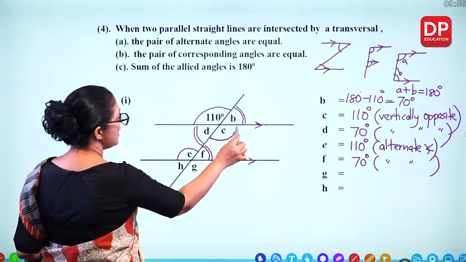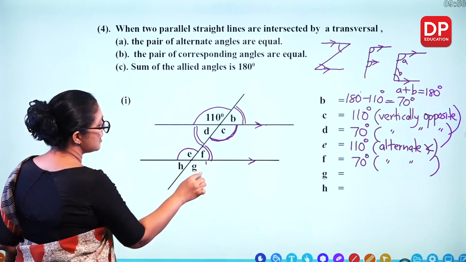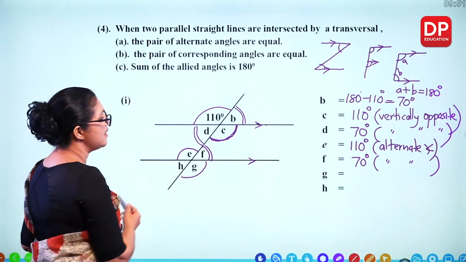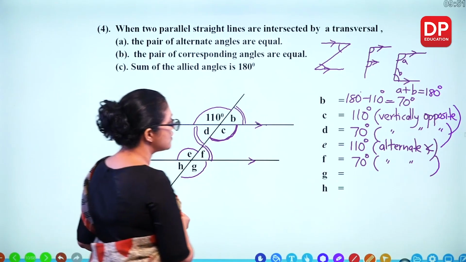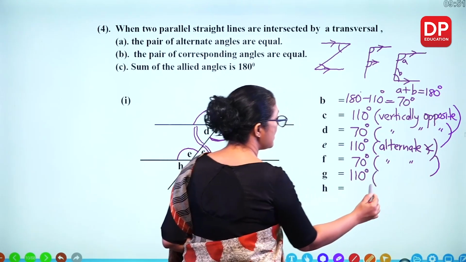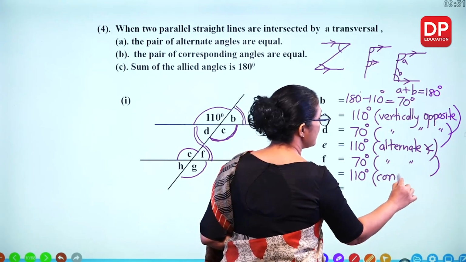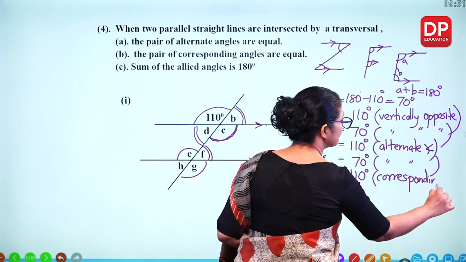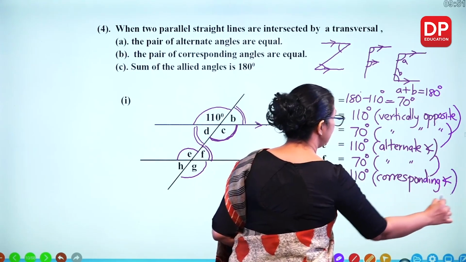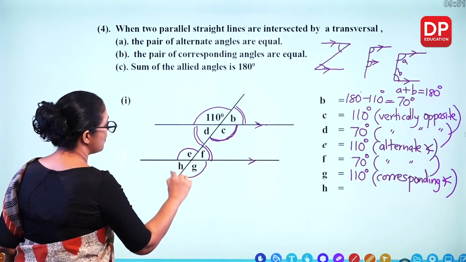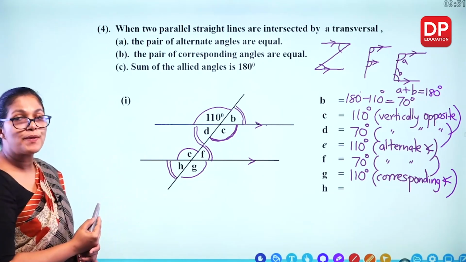And G, C with G, you can see F letter. That's corresponding angle. So C is 110. So G is also 110 because of corresponding angle. H. H and F both are vertically opposite angles.